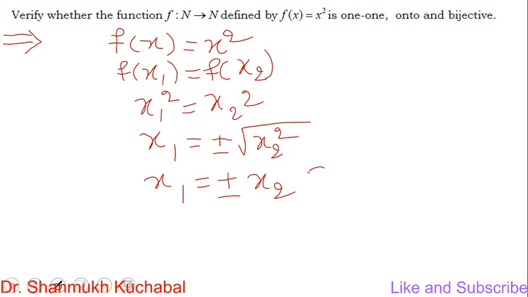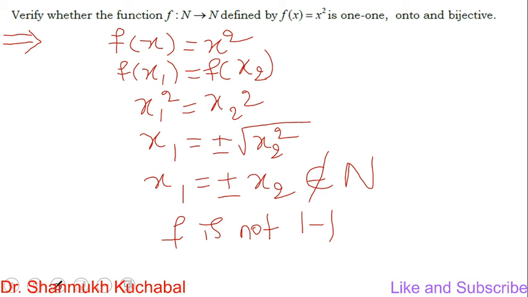See, this does not belong to the natural numbers, because the set of natural numbers means all positive numbers 1, 2, 3, up to infinitely many numbers. Here a negative number is involved, therefore clearly f is not 1-1, or else we can say that it is not injective.